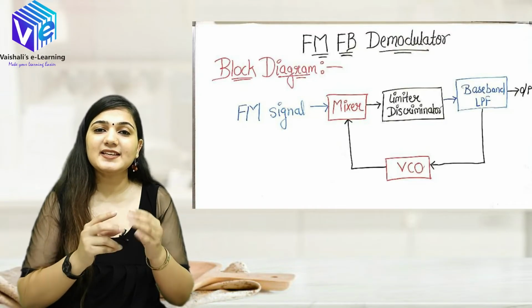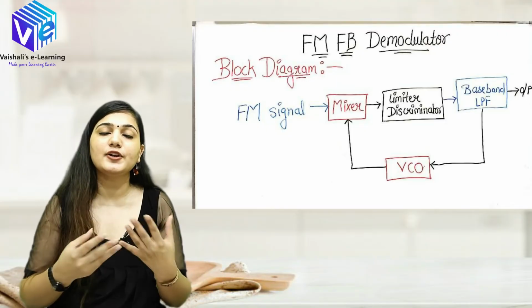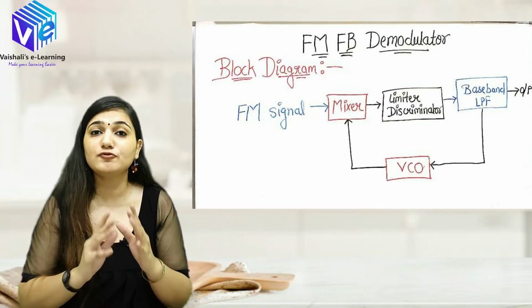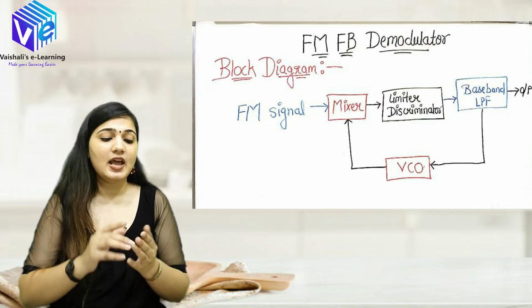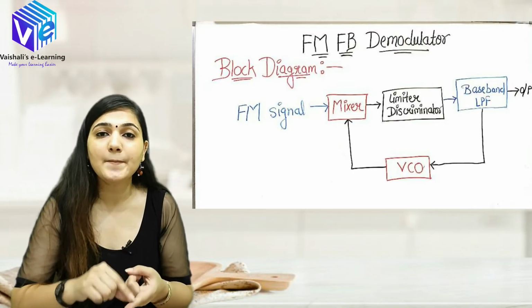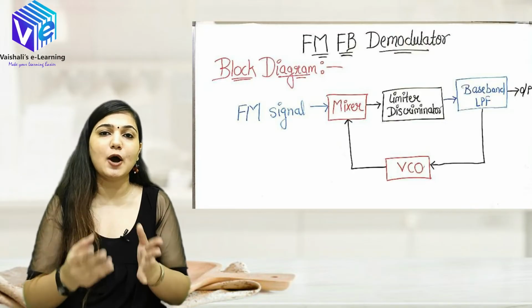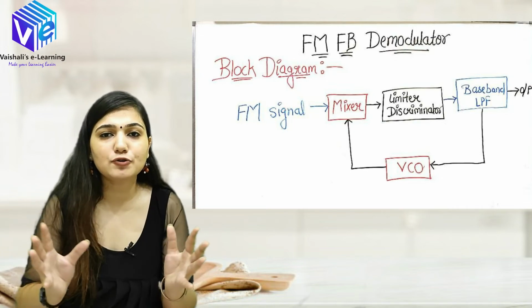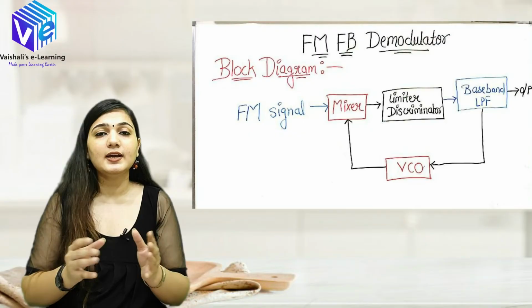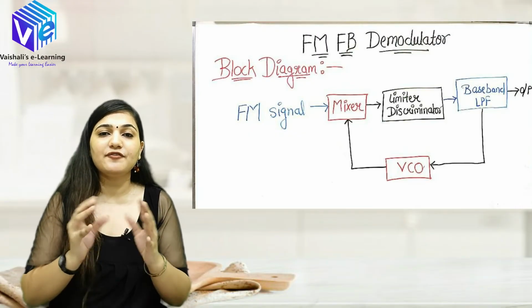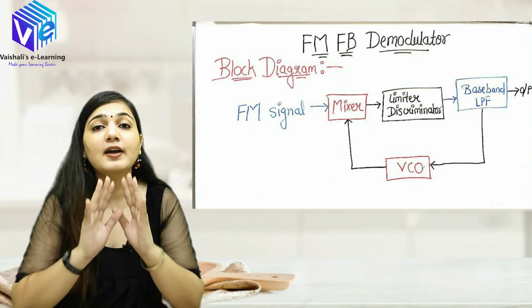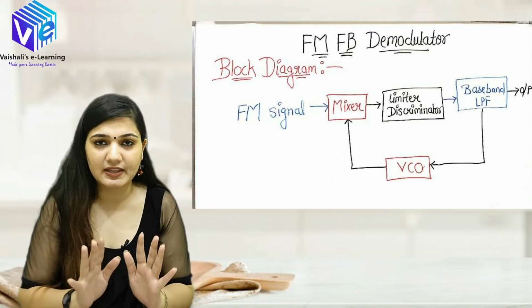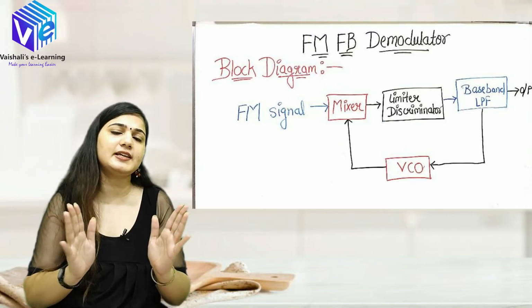In the mixer I will have two outputs. I told you in the case of the superheterodyne receiver as well that the mixer produces sum and difference outputs. After the mixer we have a band pass filter, which removes the sum output. Now I am left only with the difference output, which will not have very high variations in frequency.